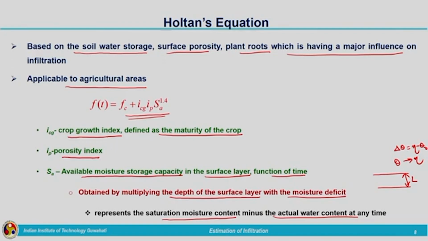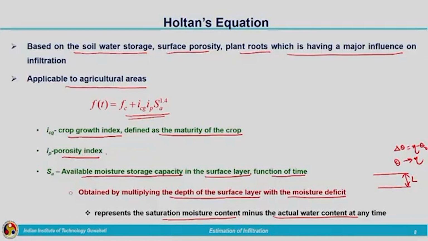That is why delta theta, the soil moisture deficit, comes into the picture. It is the difference between the maximum soil moisture content, which can go up to porosity eta, and the initial moisture content the soil already has, represented by theta I. So, the soil moisture deficit is eta minus theta I, and SA, the available storage capacity, is obtained by multiplying that deficit with the depth of the surface soil layer or the plowing layer.